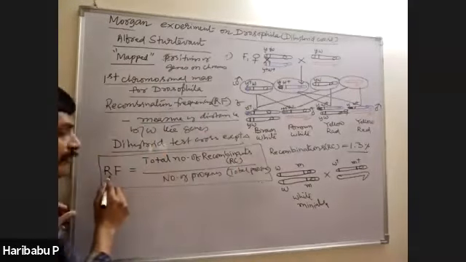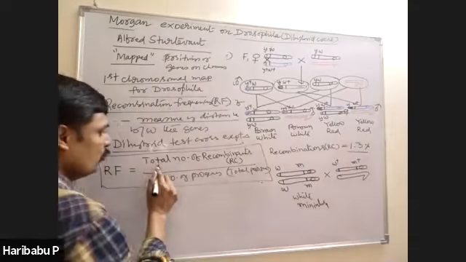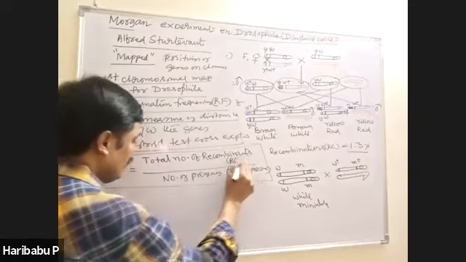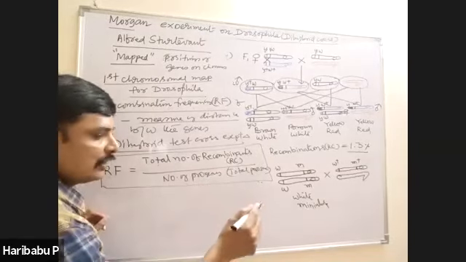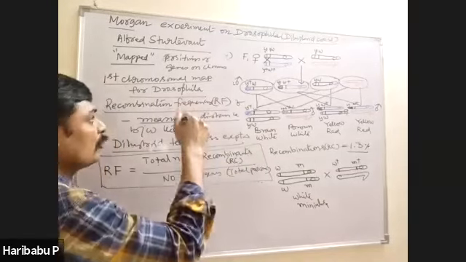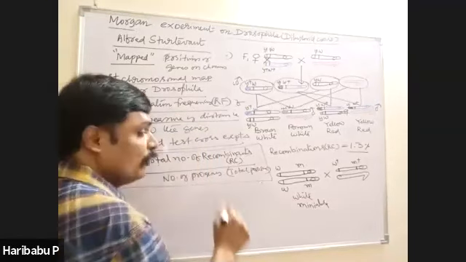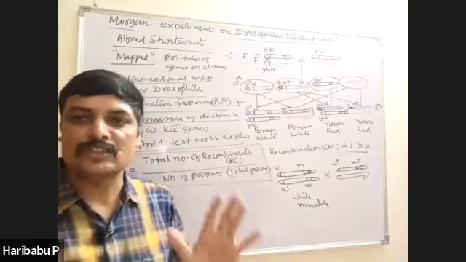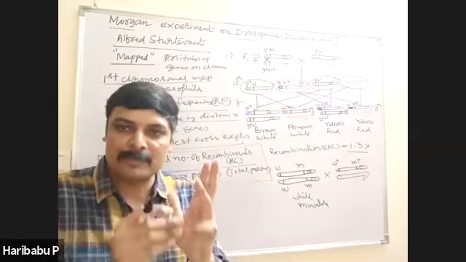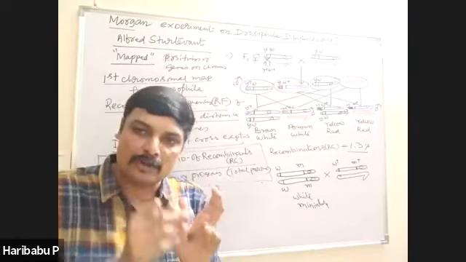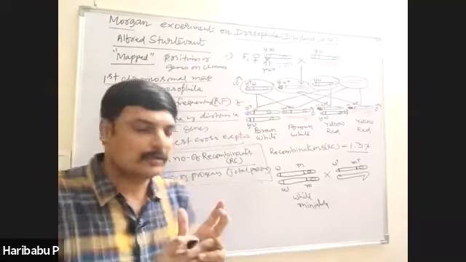It is equal to total number of recombinants by number of progeny. We will do some problems later based on these chromosomal maps. Chromosomal maps are also called gene maps or linkage maps.